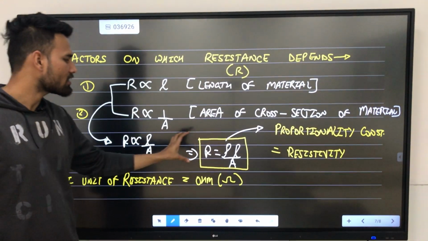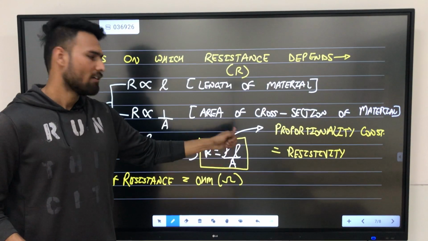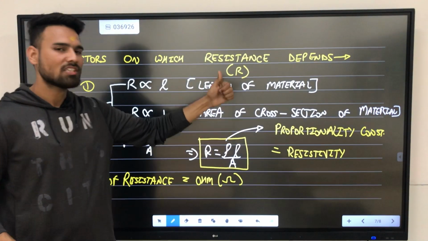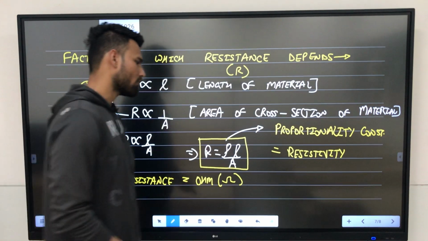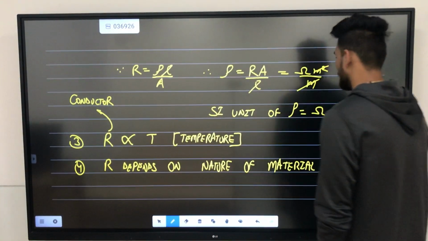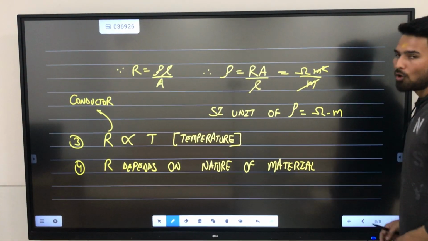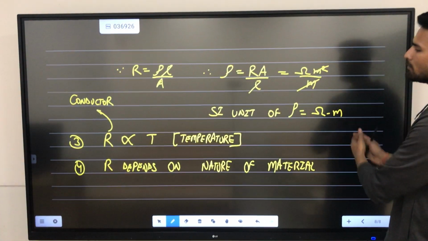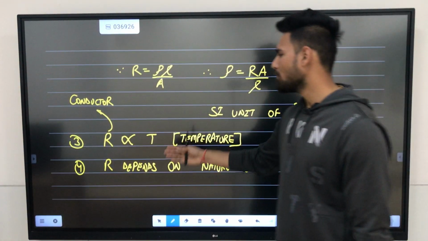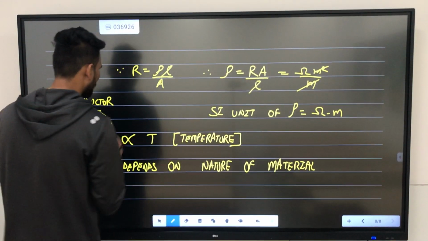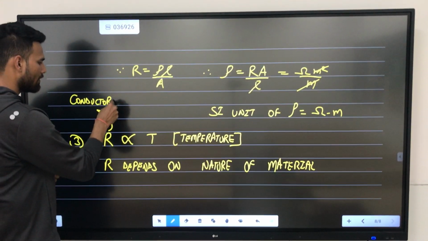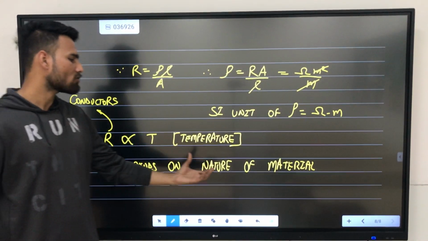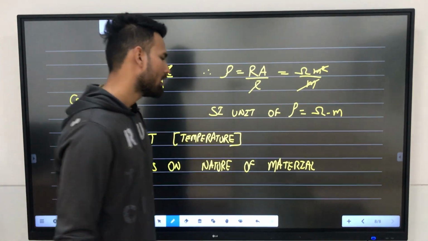So we derived the relation R is equal to rho L by A, where rho is the proportionality constant, the resistivity, whose unit is ohm meter. Resistance also depends on temperature, directly proportional for conductors, and on the nature of material. Now moving ahead.